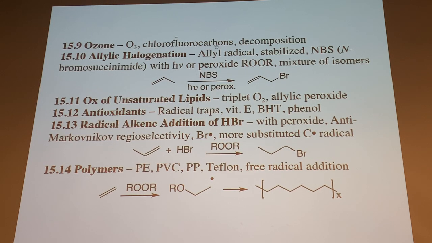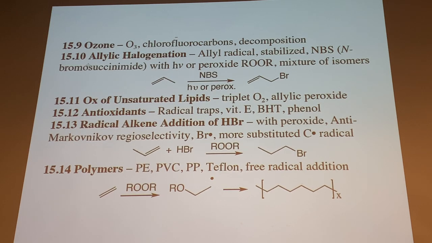These released into the atmosphere then degrade the ozone layer in the upper atmosphere. If you want to read about that decomposition process, you can. I won't ask about that on the quiz or test, so you can just read that and appreciate that anyway.